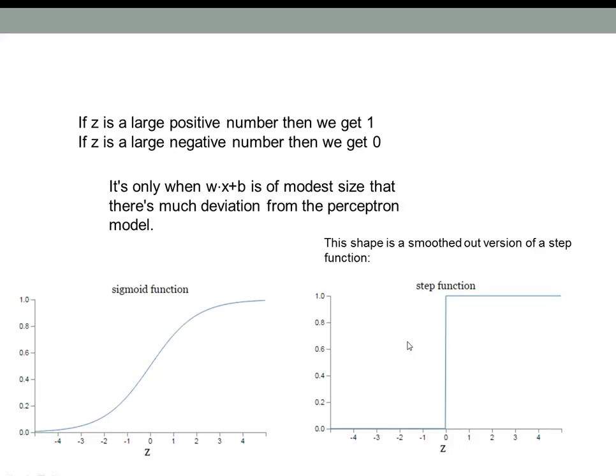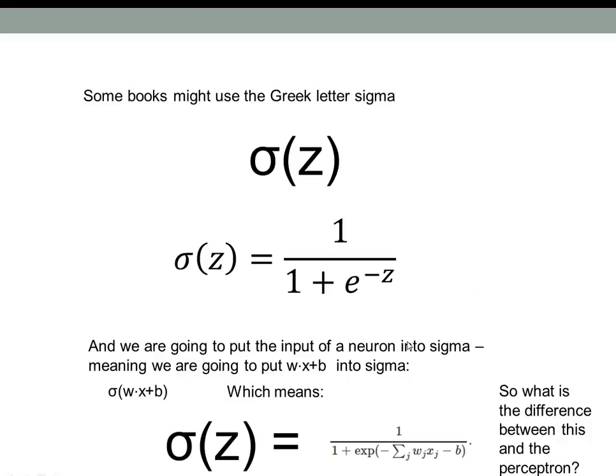So she said just now, what's the difference between this and the perceptron? And we said, just in the previous slide, that we wanted small changes in the weights to produce not huge changes in the output, not big flips. We don't want to flip between 0 and 1. And with this, as she just said, we can get a more graduated change, because it's a smooth curve.